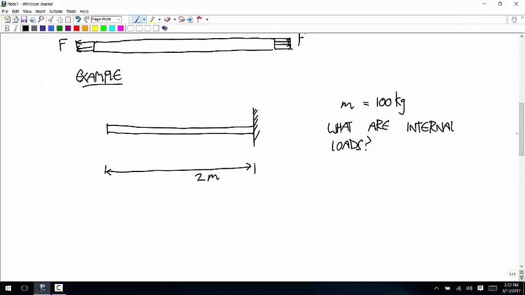Normally, the first step would be to calculate the external loads. We don't have to do that here because the only unknown external loads that we would be calculating are at the far right end, and so that's never going to come up in our internal loads calculations. So we can skip the external loads calculation.